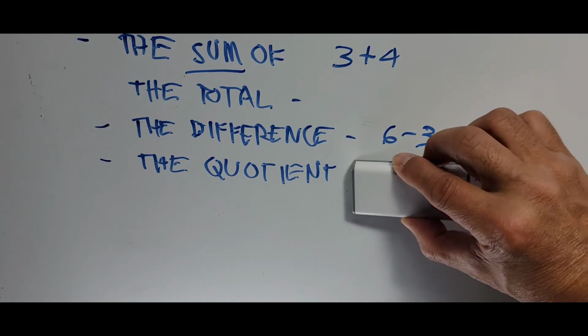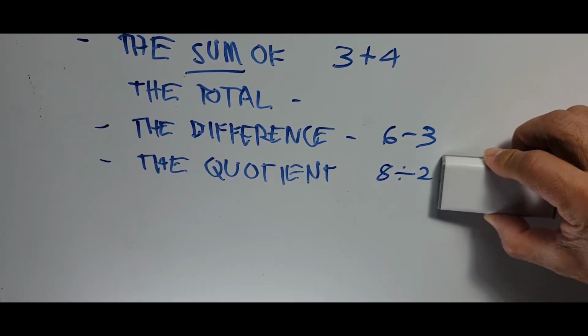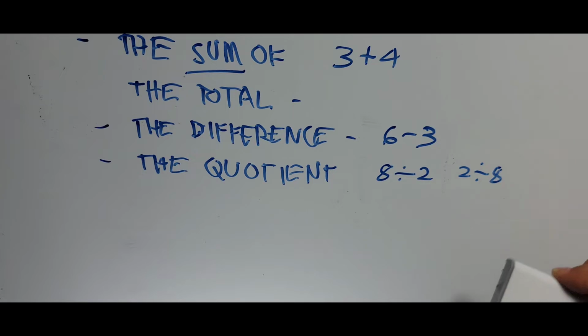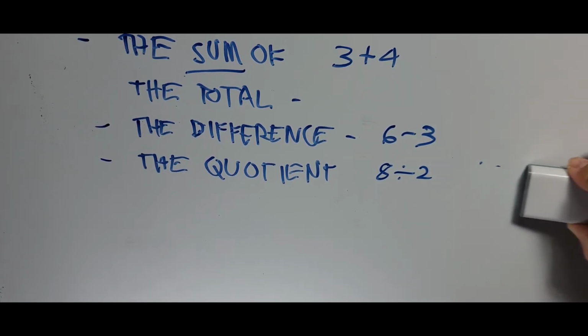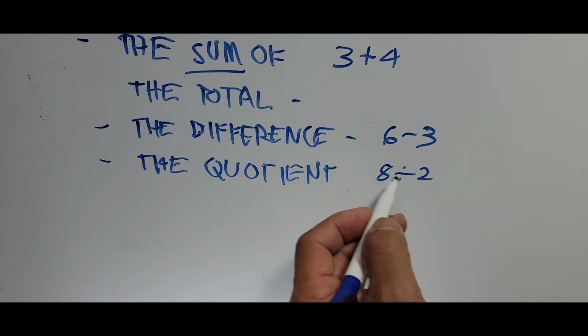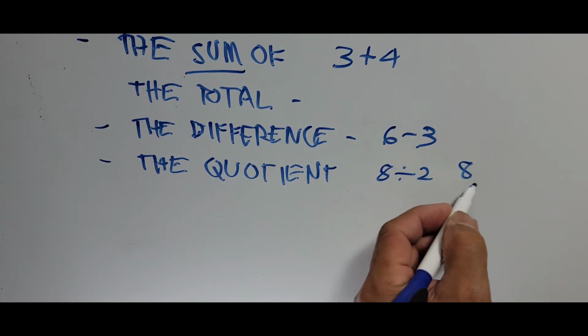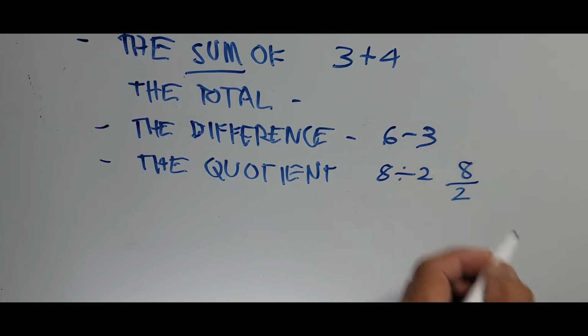Whichever number is mentioned first should be indicated as the numerator. What I mean by that is that's the one staying on top. The quotient of 8, I mentioned 8 first, and 2. So that means 2 came out last. So that's the denominator. That's what normally is.